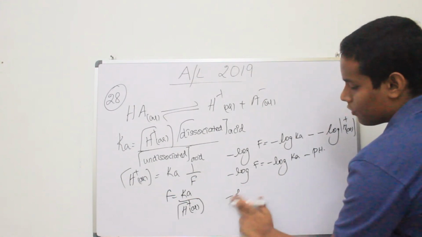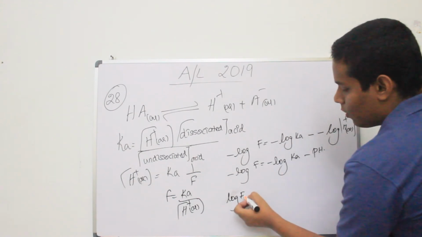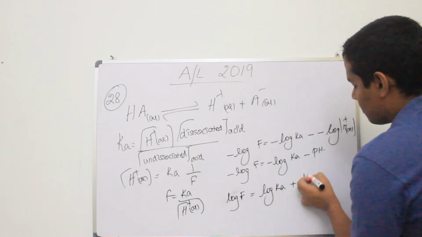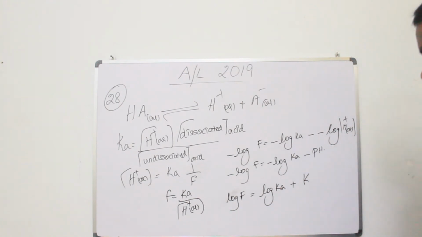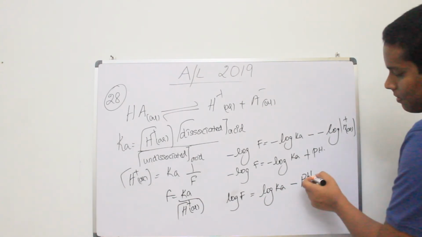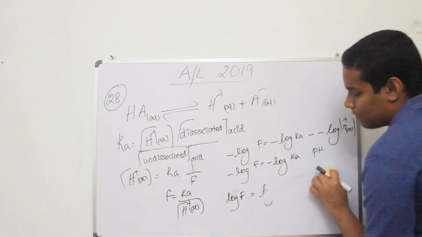So if I multiply the entire equation by minus 1, log F equal to log Ka, minus pH. Look at this one again.